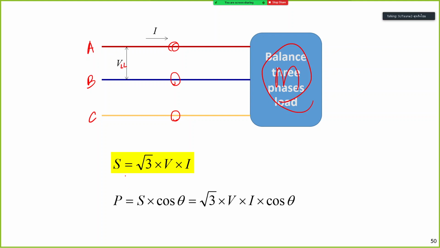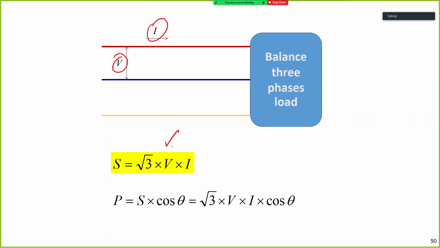We can compute the power of this circuit by square root of 3 times V times I. This is the power.